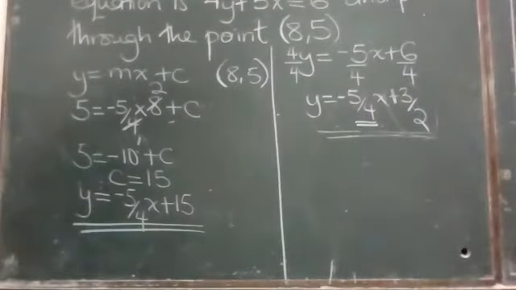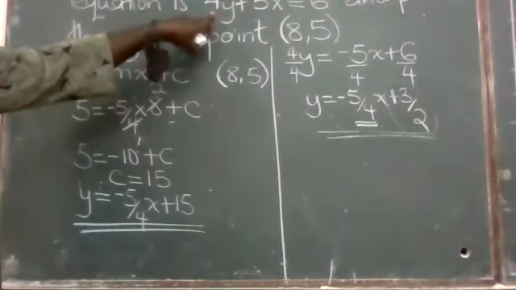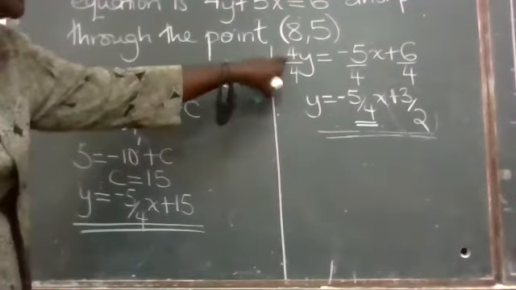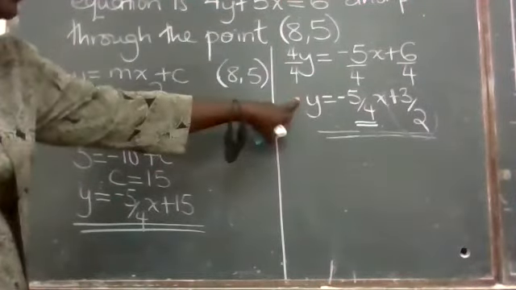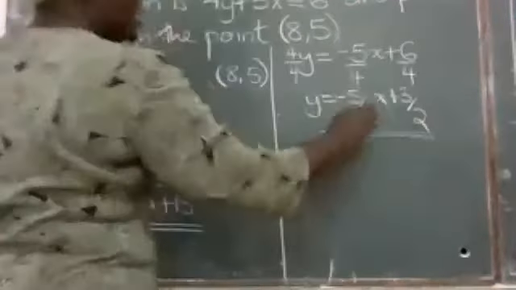So I hope even the rest who chose not to share their answers with us have seen what we do. Rearrange this one in the form y is mx plus c, and make sure the coefficient of y is 1. Then we can pick whatever the coefficient of x is as our gradient.